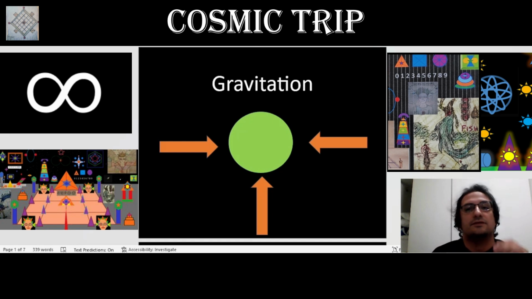We can say that the universe is made of matter and energy. According to Einstein's famous equation, E equals mc squared, energy can be converted to mass, and you multiply the mass in kilograms times the speed of light squared, and you get the energy.